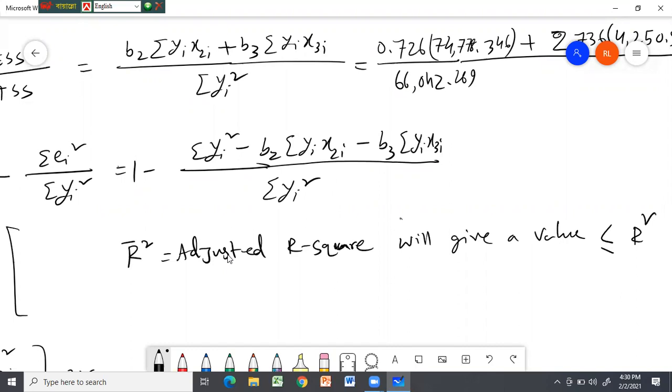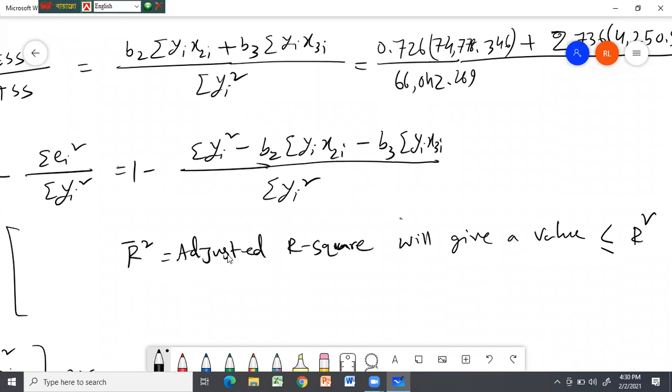Now, what is adjusted R square? It is called adjusted R square because R square has been adjusted with consideration of the degrees of freedom and the number of explanatory variables you have included in your model. When you have a linear regression model with only two explanatory variables, your R square will give you a specific value.